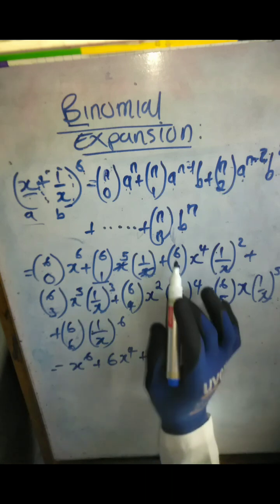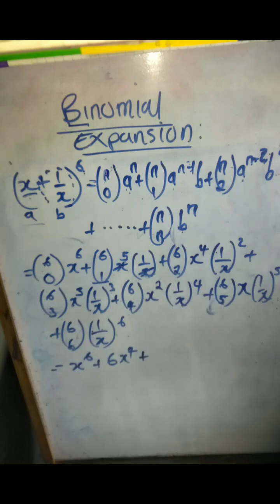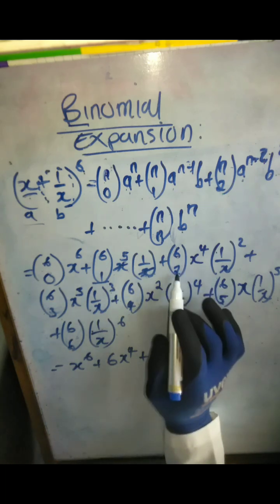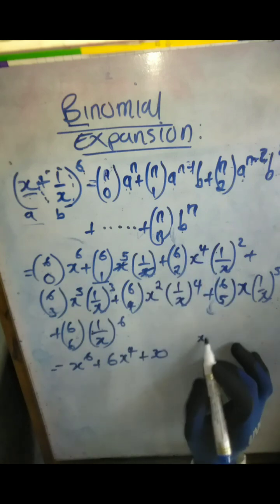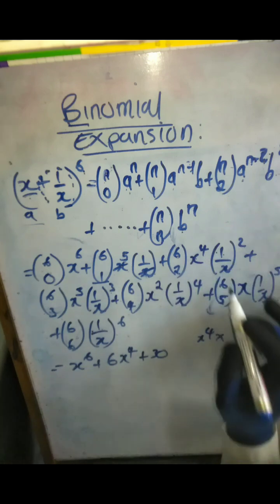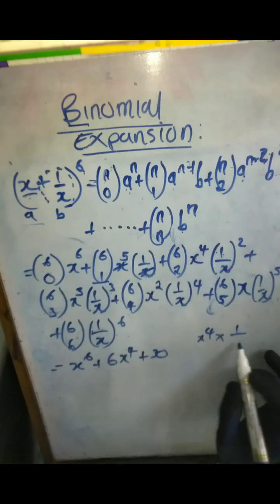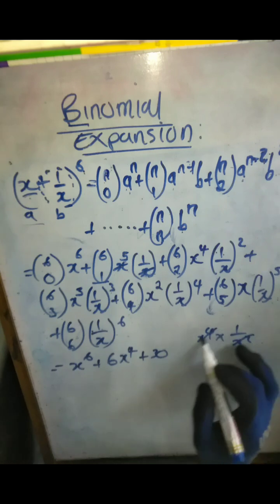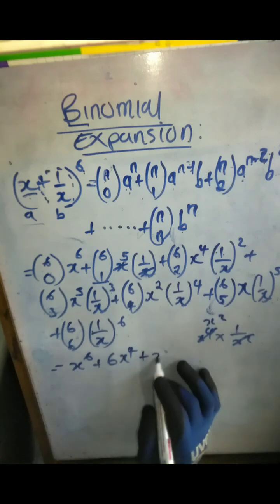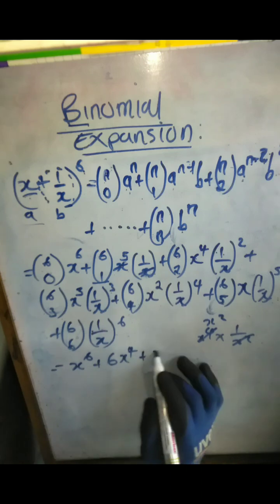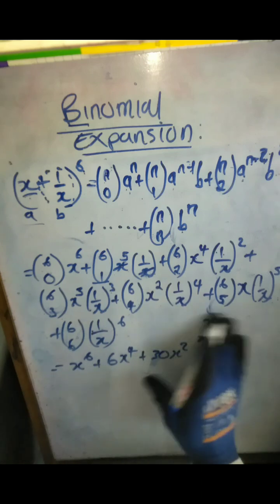Then plus 6 combine 2, it's giving us 30. Then this is x to the power 4, multiplied by 1 over x squared, so 2x will cancel from here and we remain with x to the power 2. So now write this as 30 x to the power 2.